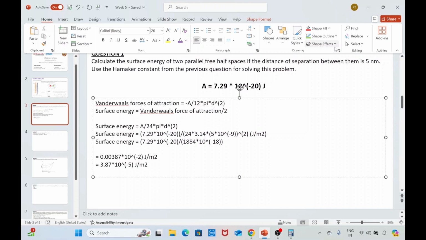So this is the surface energy between the two flat surfaces, and this is how you calculate that. If you also have got the same results, then please share it with me now, or in case you have some different results, then also let me know so that I can recheck my calculation as well as whether I have done any conceptual error.